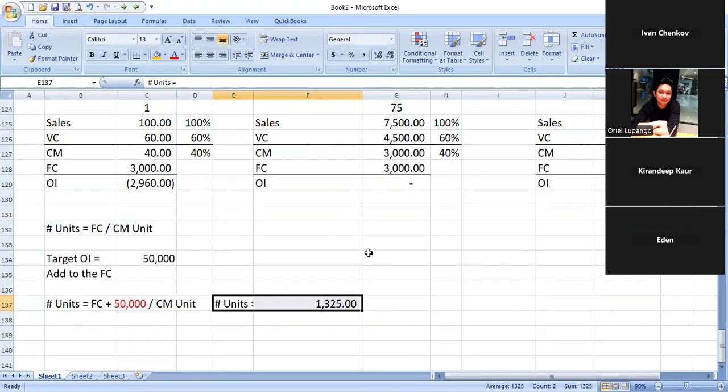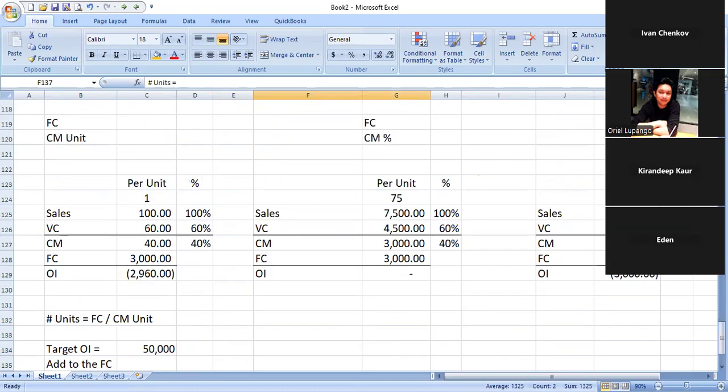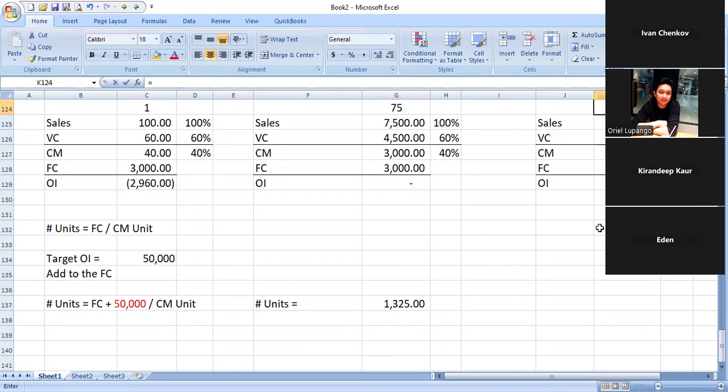Now let's see if that is true. We're going to plug this number, 1,325. If we're selling 1,325, how much will be our sales? It is this times $100, 132,500. Variable cost is going to be equal to 1,325 times $60, 79,500.